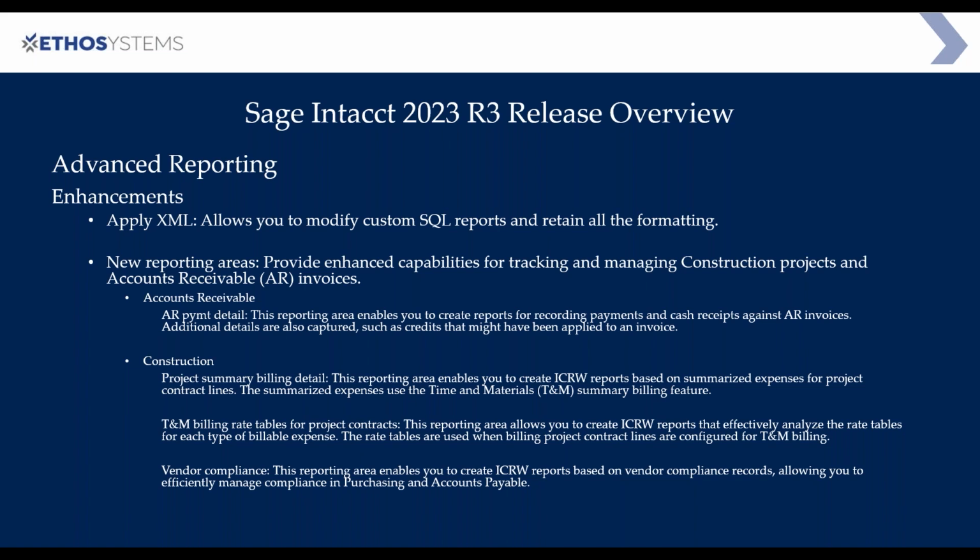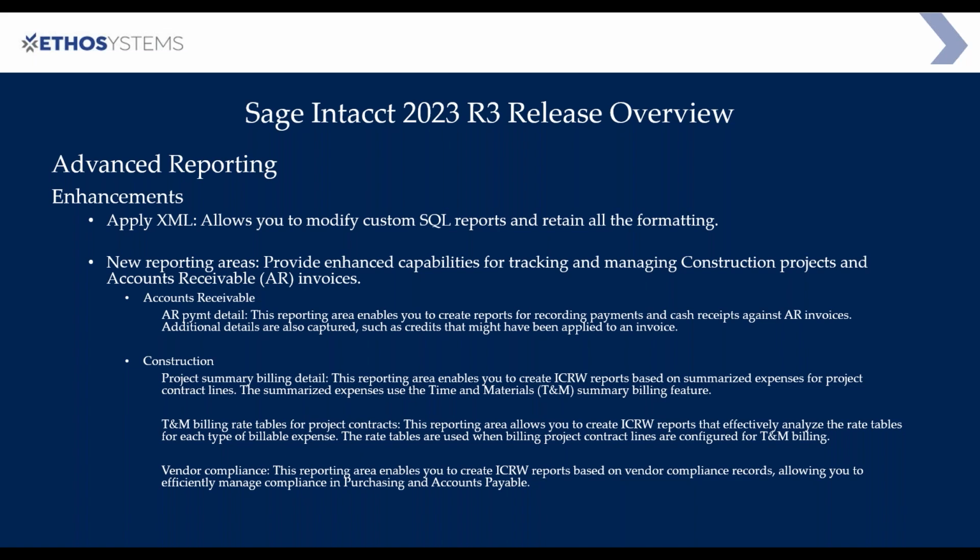And there are 2 new reporting areas that are available for you to create reports off of in ICRW. So the first one is in the accounts receivable application. You can now pull information from the AR payment detail reporting area. So if you want to do any type of reports that look at cash receipts applied to invoices, you would now be able to access that information.